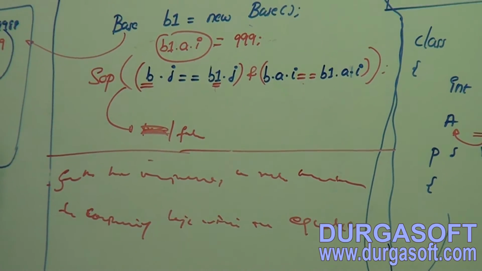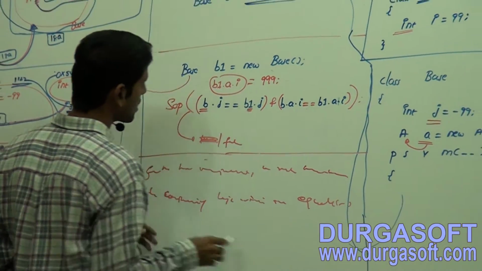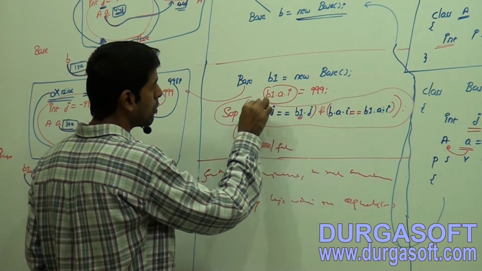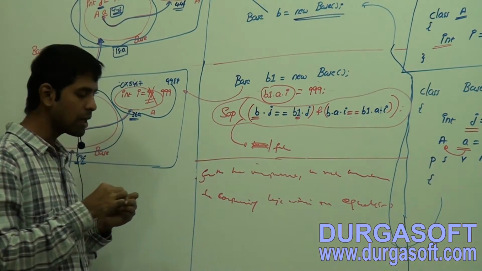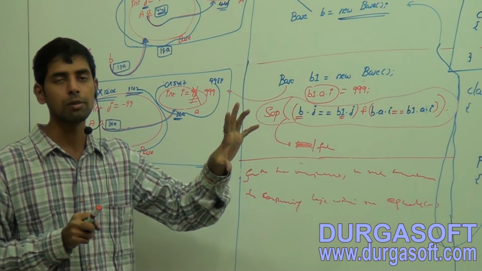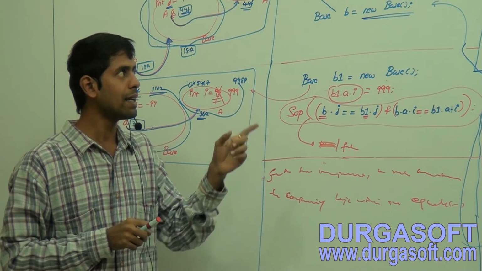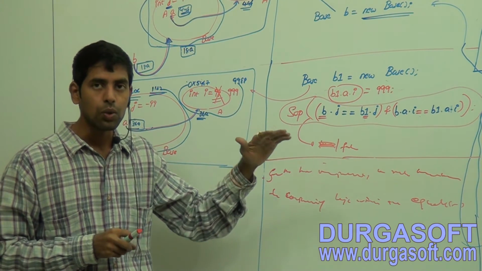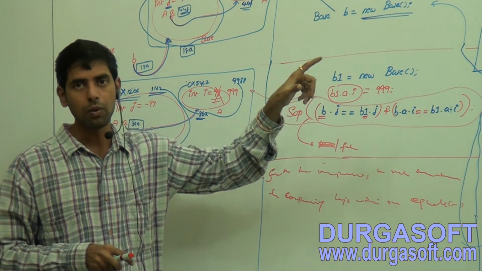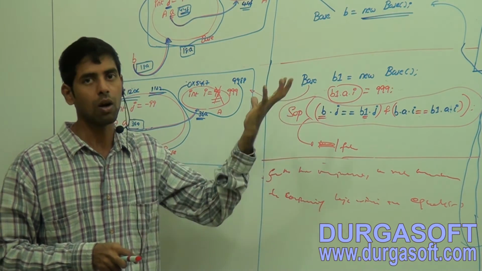And this logic must be maintained within the equals method. Why you have to maintain that within the equals method? That is the reason: Sun Microsystems is forcing us to maintain the two objects' comparing logic within the equals method. Why? It is a user defined object.